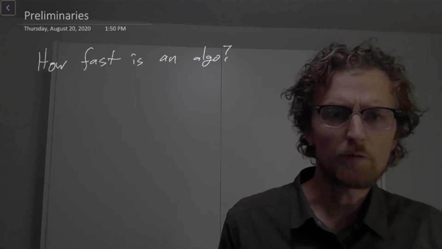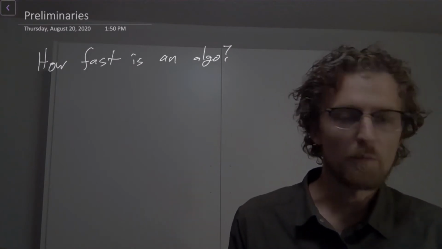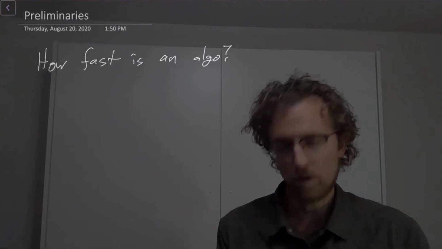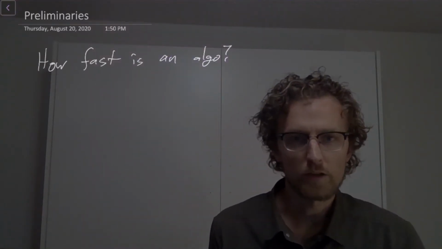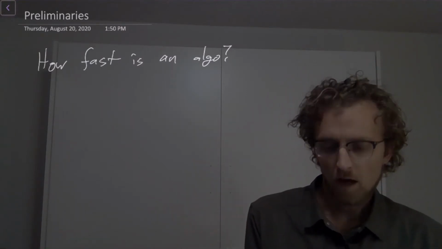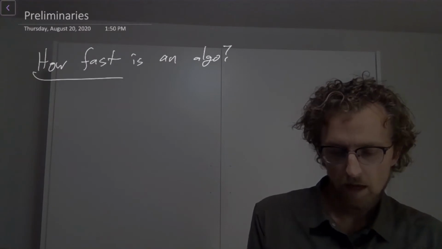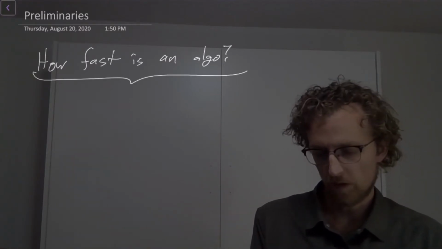We've talked very briefly in some of the synchronous sessions about what this might look like, but let's start to get a little bit more precise. Let's ask this question in a more targeted way. Instead of just saying how fast is an algorithm, let me ask, how fast is an algorithm as a function of the size of its input?